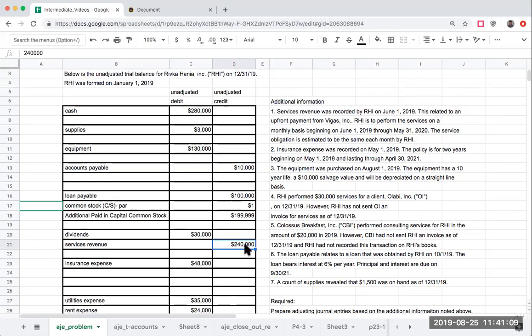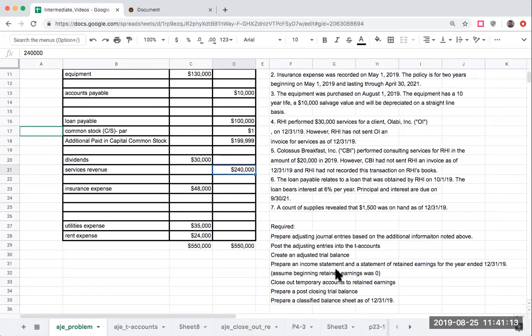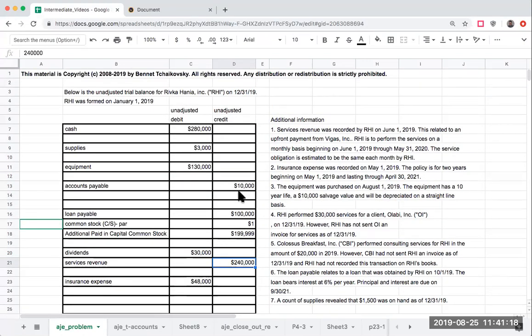In this case, it's from January 1st, 2019, and I'm being asked to do an income statement for the year ended December 31st, 2019. So when I look at the services revenue of $240,000, this can stay here as long as that represents how much money I earned during the year ended December 31st, 2019.